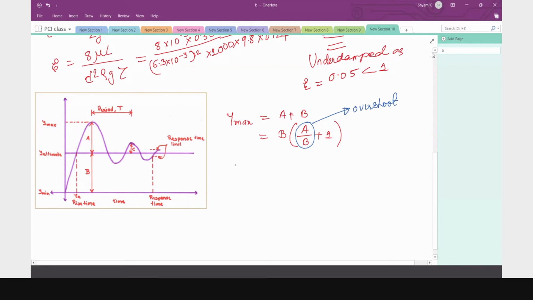Okay, so let's calculate overshoot. E raised to the power minus pi xi by under root 1 minus xi square. You have the value of xi, so calculate. Tell me, what will be the A by B?